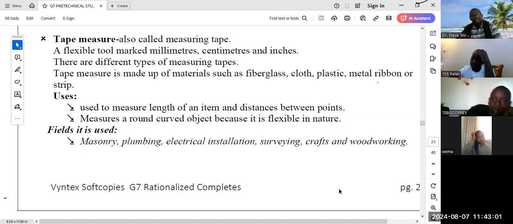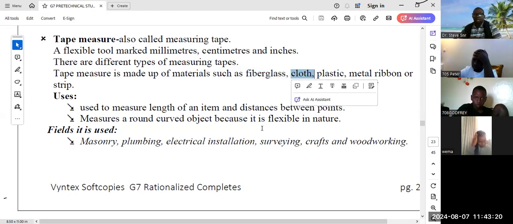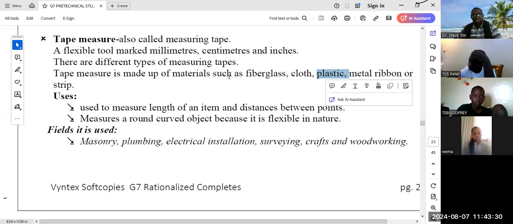Unlike the stainless steel material used to make the steel ruler, the tape measure can be made of fiberglass. You see here, fiberglass is one material used to make the measuring tape. It can also be made of cloth. At the same time, it can be made of a plastic material or a metallic strip. So all these are materials used to make the measuring tape.